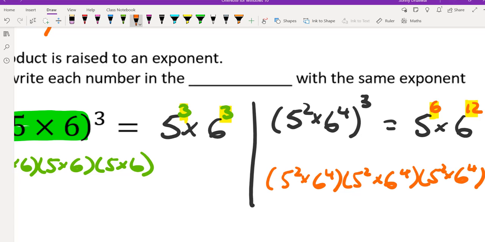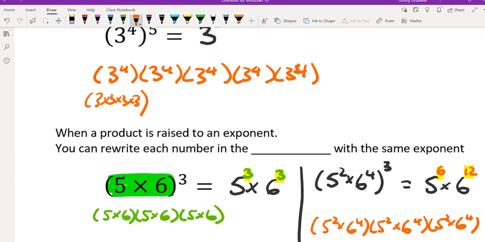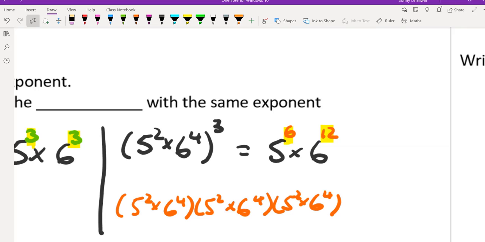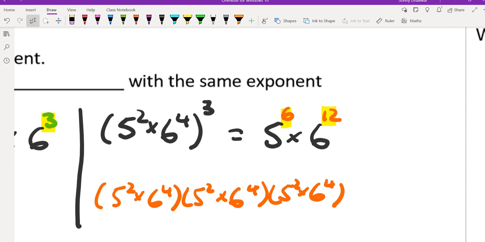And how many 5s do we have? Well, we have 2 5s here, 2 5s here, 2 5s here. Altogether, we have 6 5s. With the 6s, we have 4, 4, and 4. We have 12. Now, this seems different than what we did before, but it's still the same. We take the number from the outside exponent and multiply the inside exponent. 3 times 2 is 6. 3 times 4 is 12.